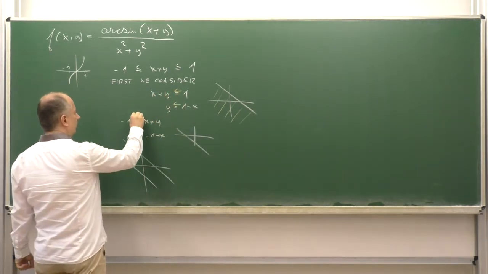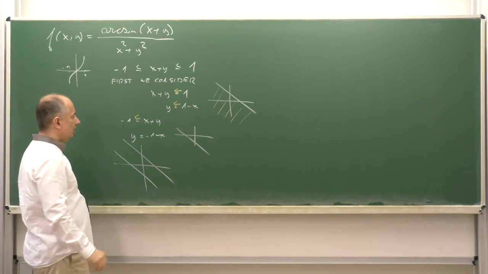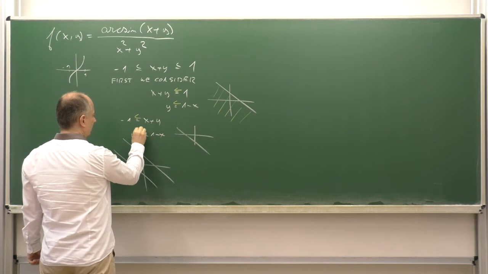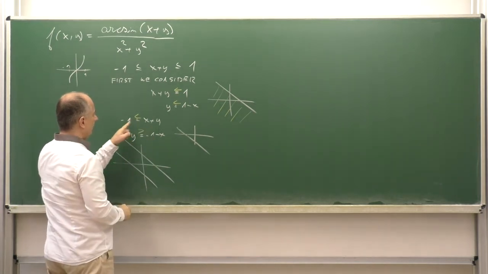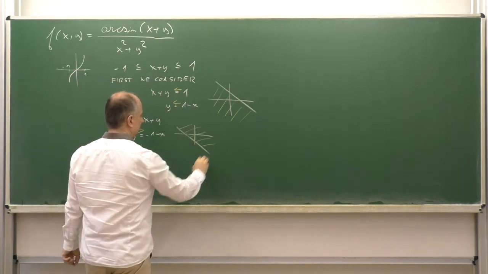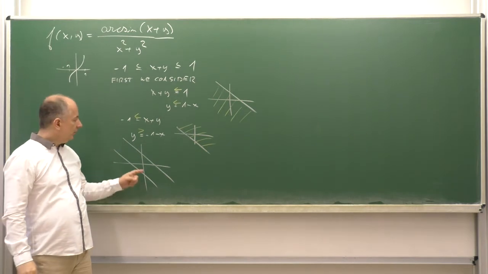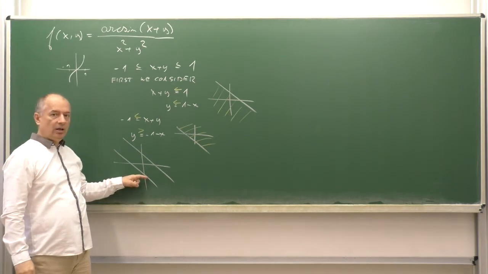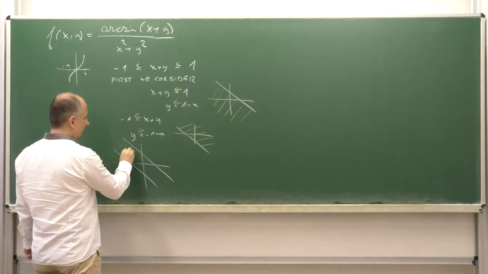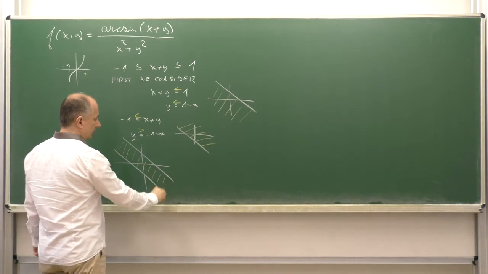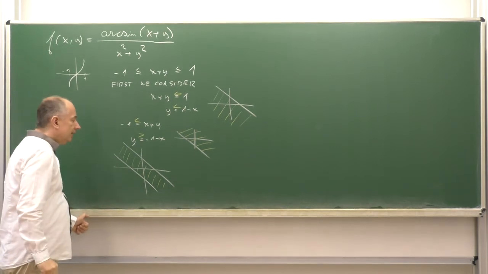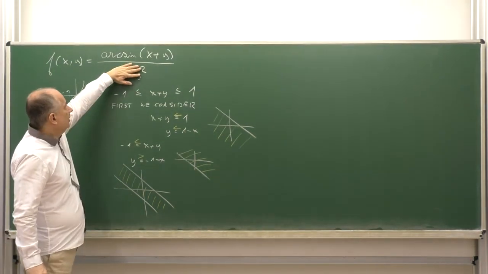And if we consider here greater than or equal to minus 1, then y is greater than or equal to, because remember we moved y to the left, so we are above this. So we want to be simultaneously above the bottom line and below the top line. So we want to be in this band. That would be the domain of definition if there were no fraction.